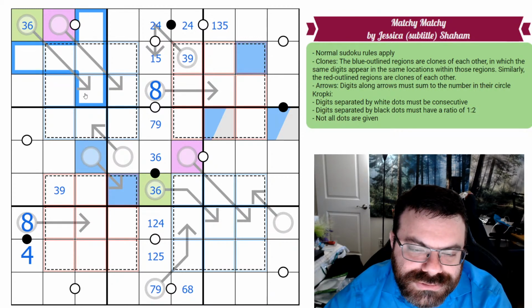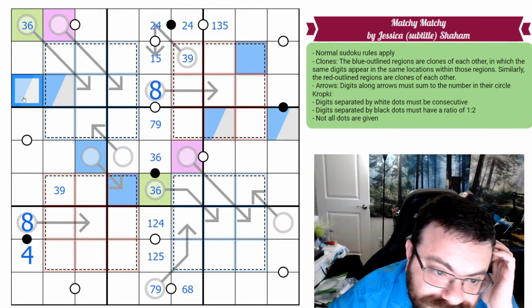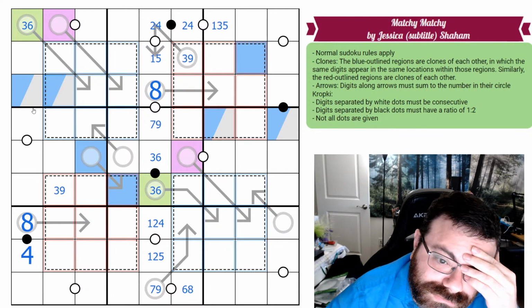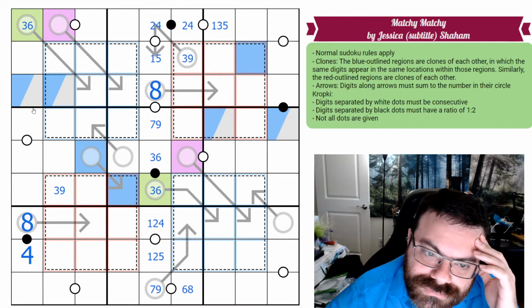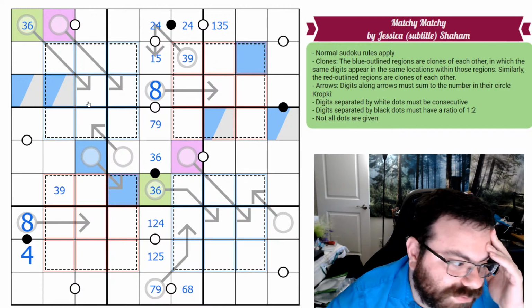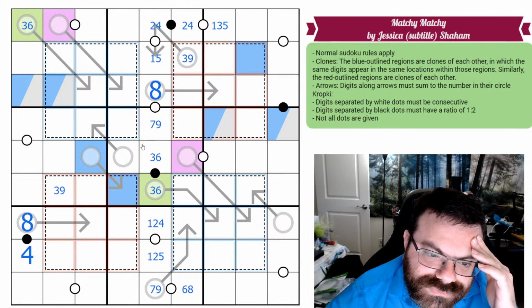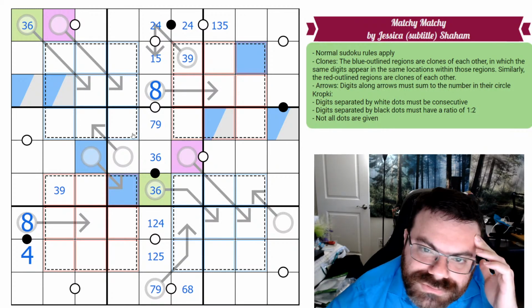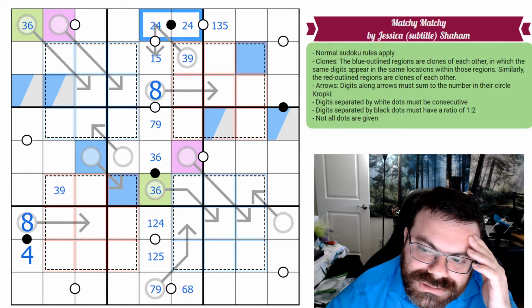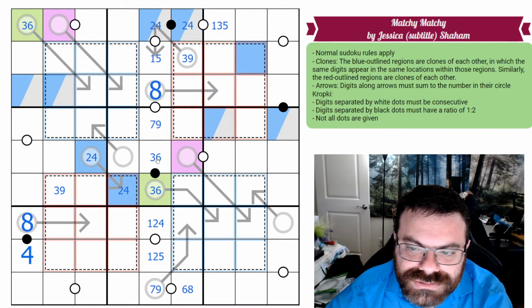So blue is one of these two. Is there something preventing this from being blue? Yeah, guys, these are not cages. These are just marking clones. So now blue is either 2 or 4, which is quite nice to know.